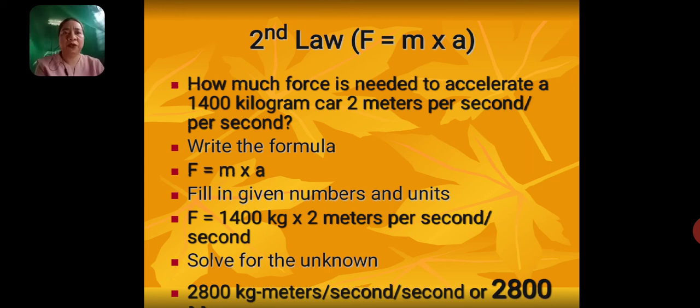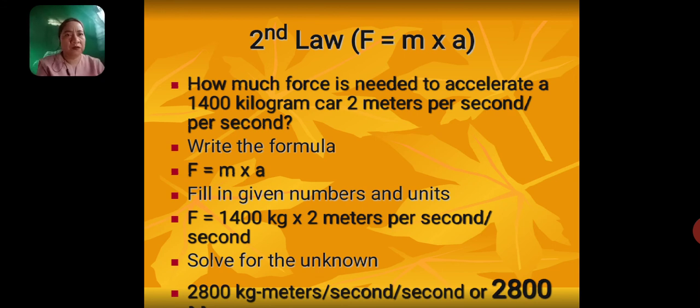First, you have to write the formula. So again, what is the formula? Okay, very good. Force is equal to mass times acceleration, or F equals M times A. Then, after writing the formula, you have to fill in the given numbers and units in our problem.